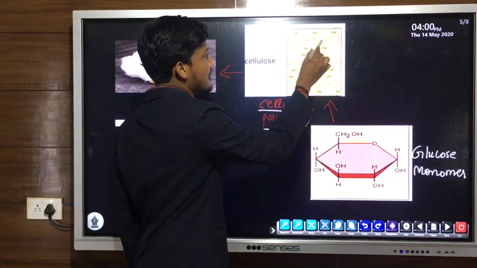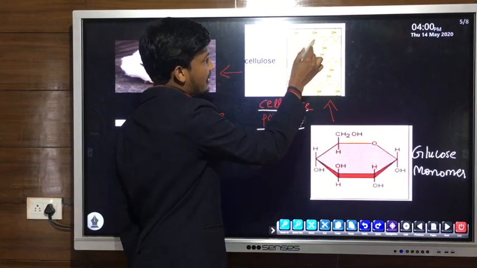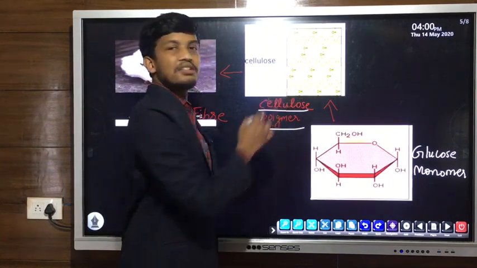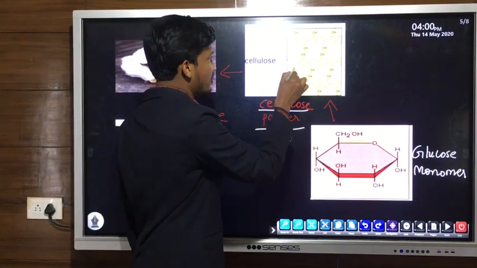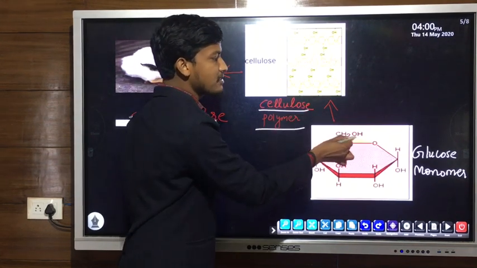Understand? So this is the long chain of cellulose polymer, and we can see that there are single units. Each unit in cellulose will be what? Its monomer. Which is its monomer? The single unit. The monomer of cellulose is glucose.